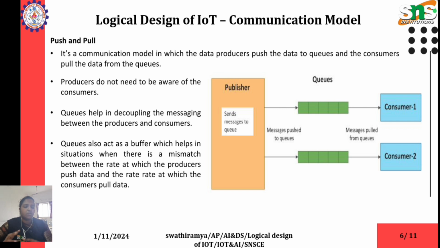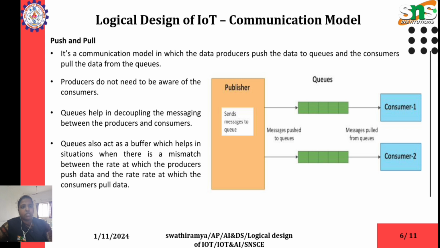That's why it is named push and pull. The publisher pushes or sends data to the queue, and the data is pulled by the customer. It is a communication model in which the data producer pushes the data to the queues, and the consumer pulls the data from the queue.